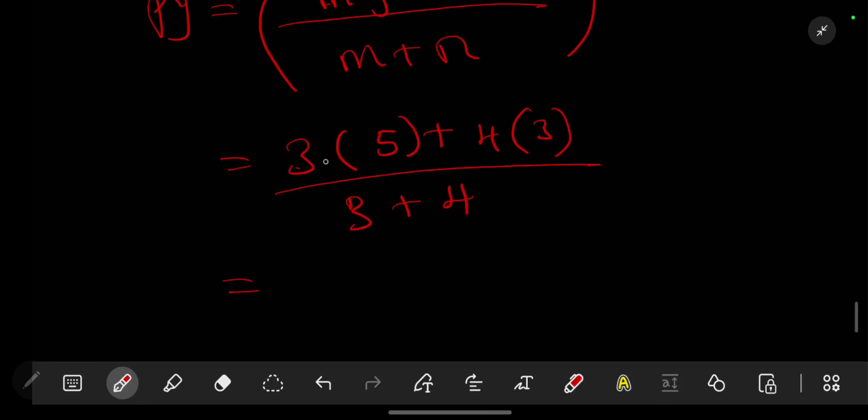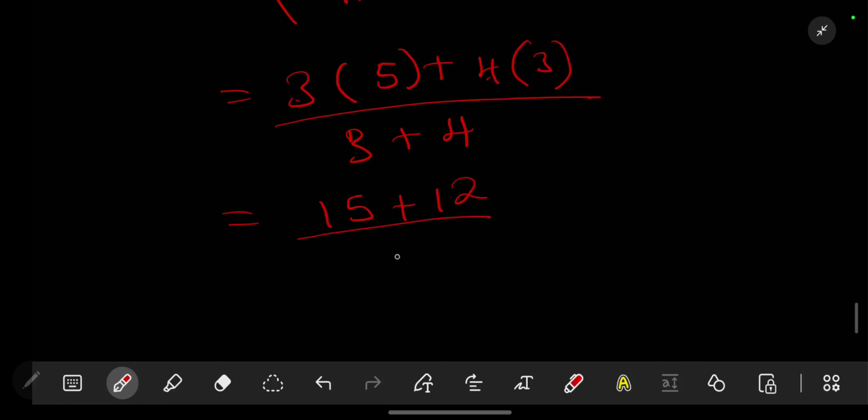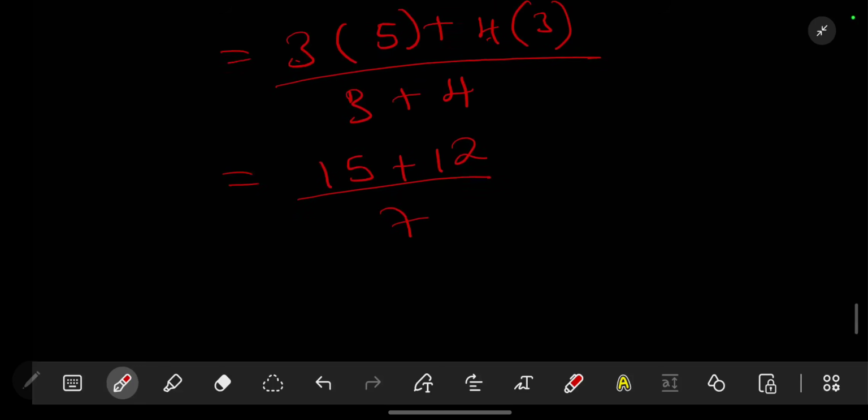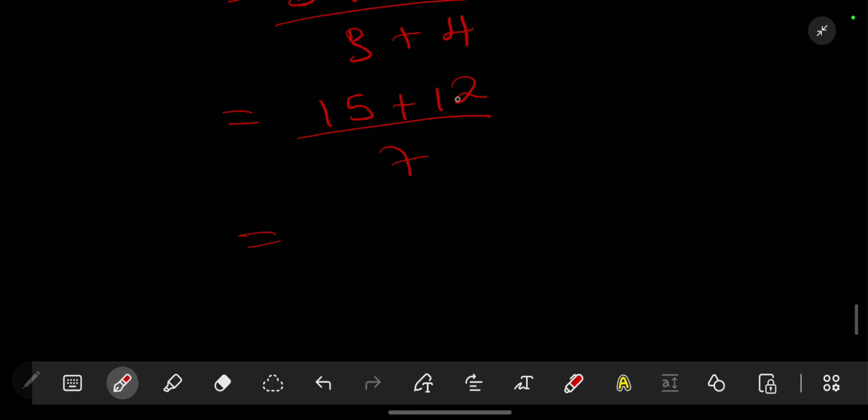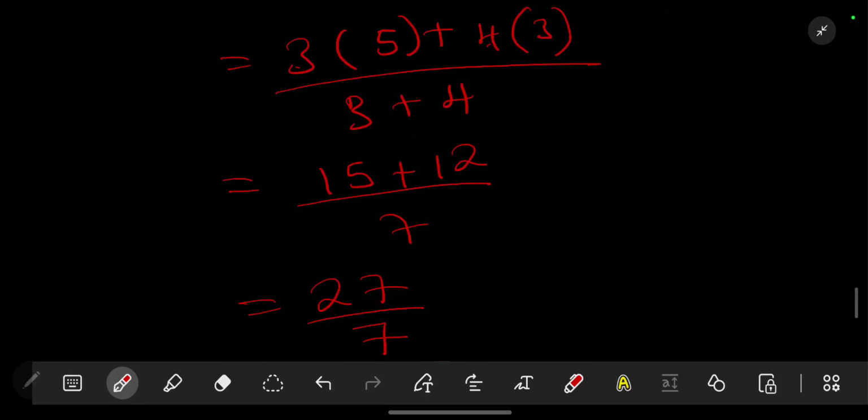So this gives us 3 times 5 is 15, plus 4 times 3 is 12, over 3 plus 4 is 7. So this gives us 15 plus 12 is 27 over 7, like that. So this is our Py.